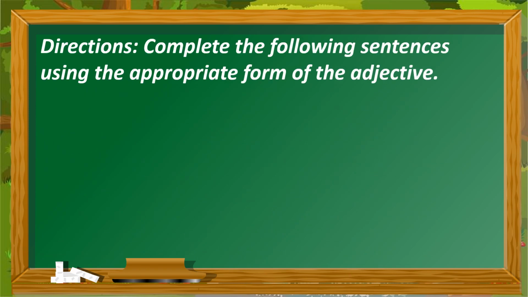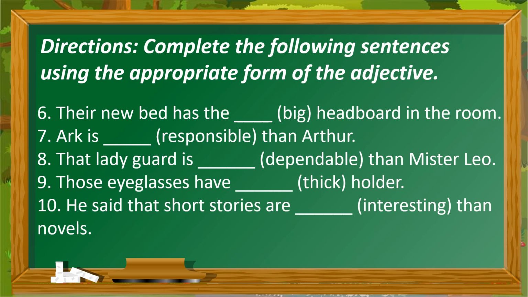Complete the following sentences using the appropriate form of the adjective. Okay, so let us continue. Number 6. Their new bed has the blank headboard in the room. So among the beds in the room, their new bed has the biggest one.